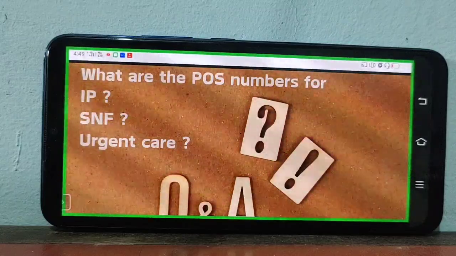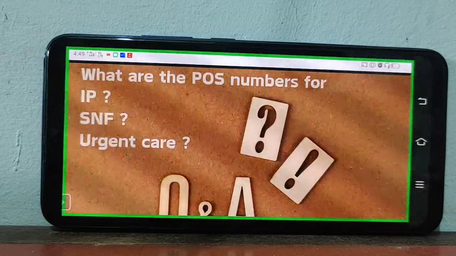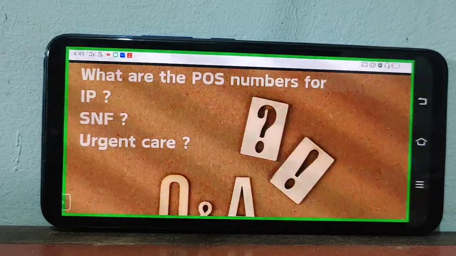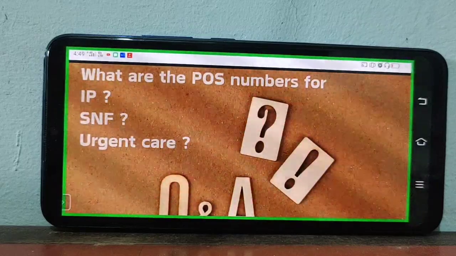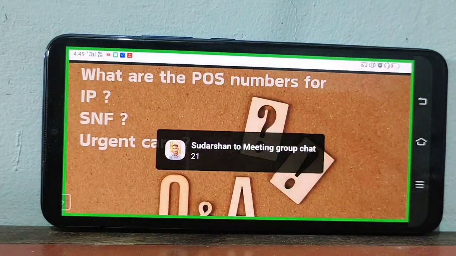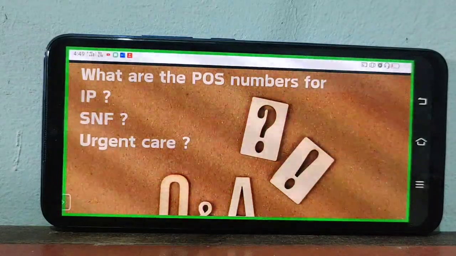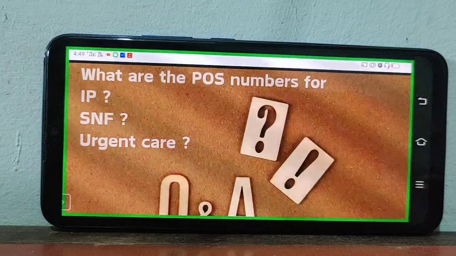What is the place of service code for inpatient? 21. SNF means skilled nursing facility, 31.